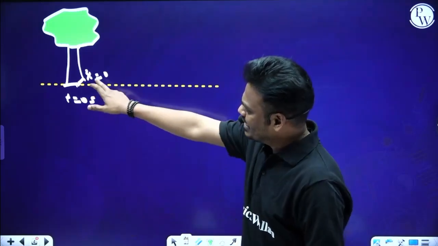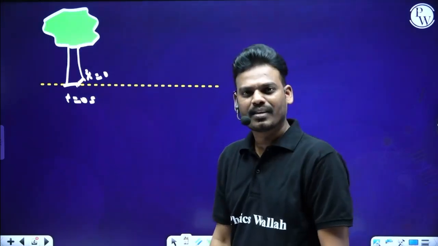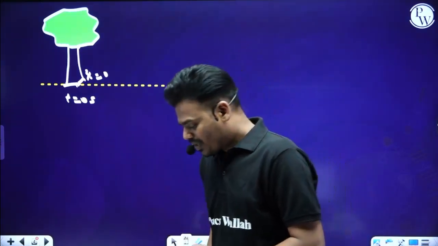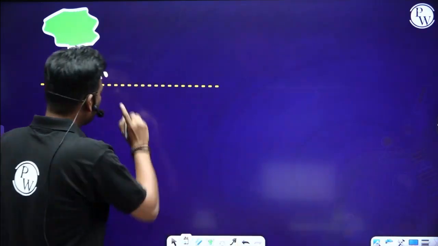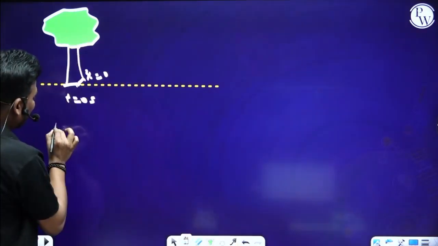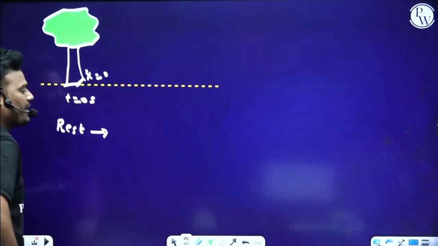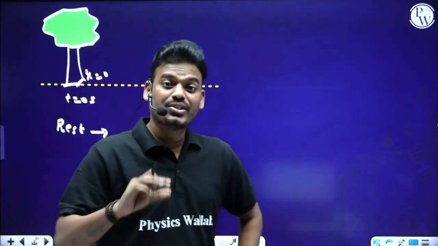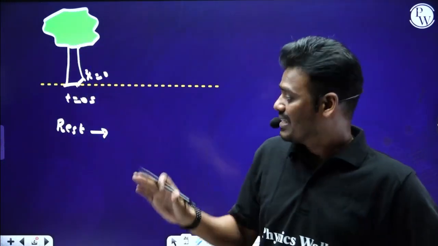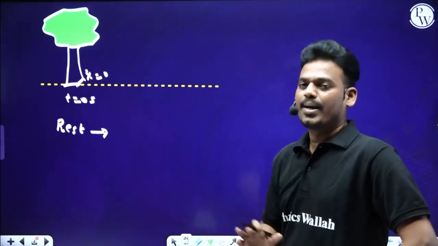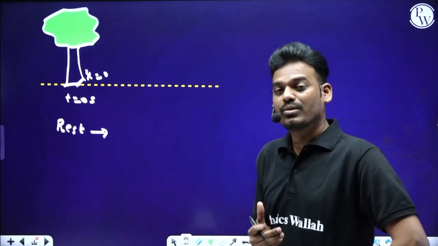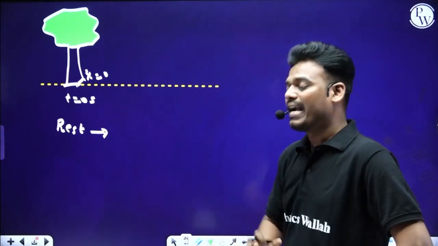Is this tree changing its position? No. So here the tree is at rest. The tree is at rest, or else we can say it is stationary. On what basis did you say this tree is at rest?